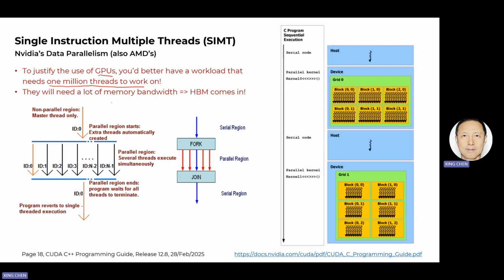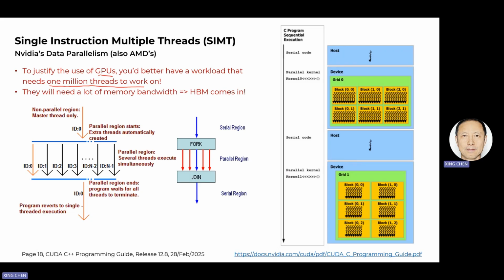It's worth doing if this is the case, because when you offload from the CPU to the GPU, workload offloading usually means you need to transfer the data from the CPU memory to the GPU memory. This is the offload, and that takes time. To make the GPU computing worth doing, you have to offload enough workload for at least 1 million threads to work on for a considerable amount of time.